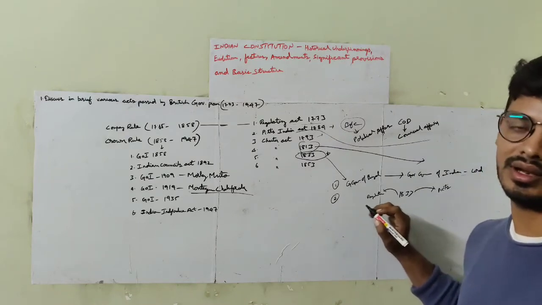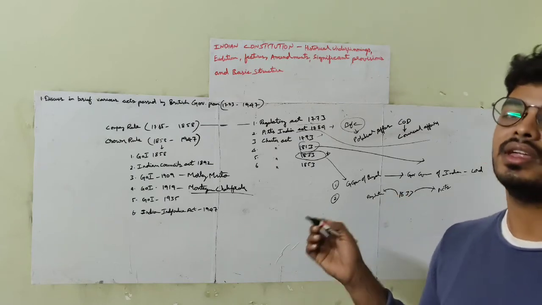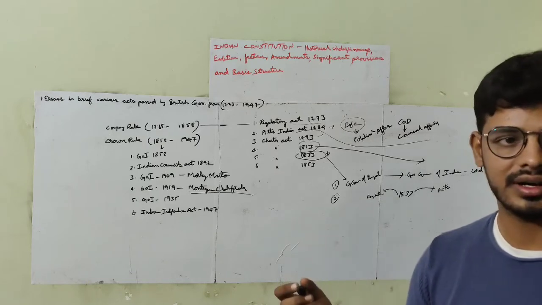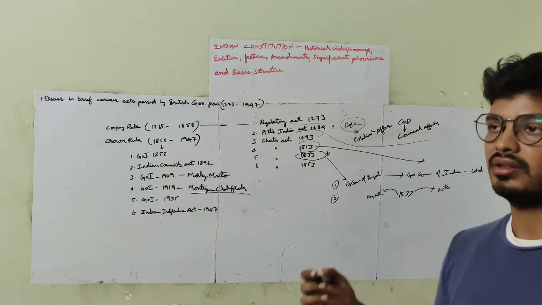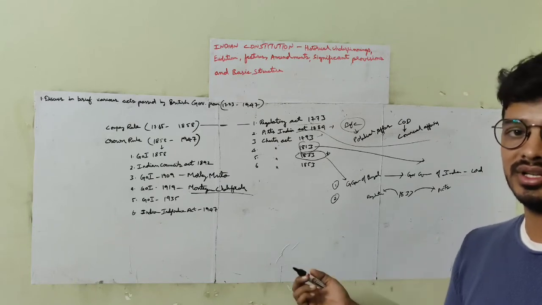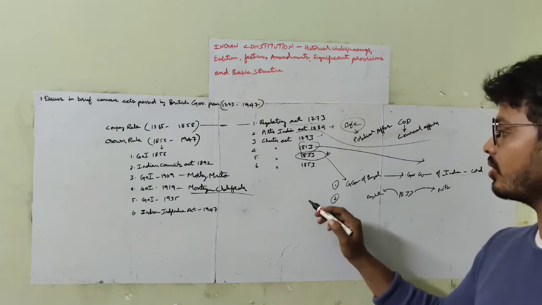This act made the first attempt to open the competition of the civil servants to all the Indians. That was said in this act only, but it was then negated by strong opposition of the Court of Directors. The Court of Directors opposed this, open competition for Indians to be included in administration, and East India Company was made a purely administrative body through this act.